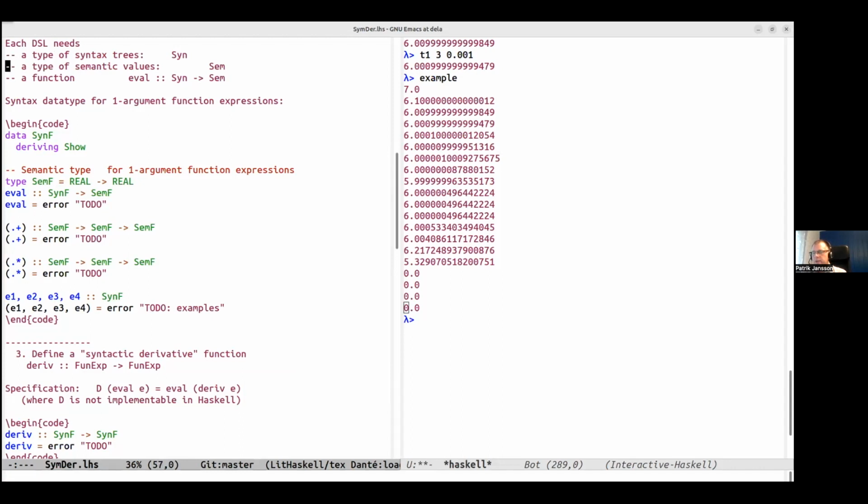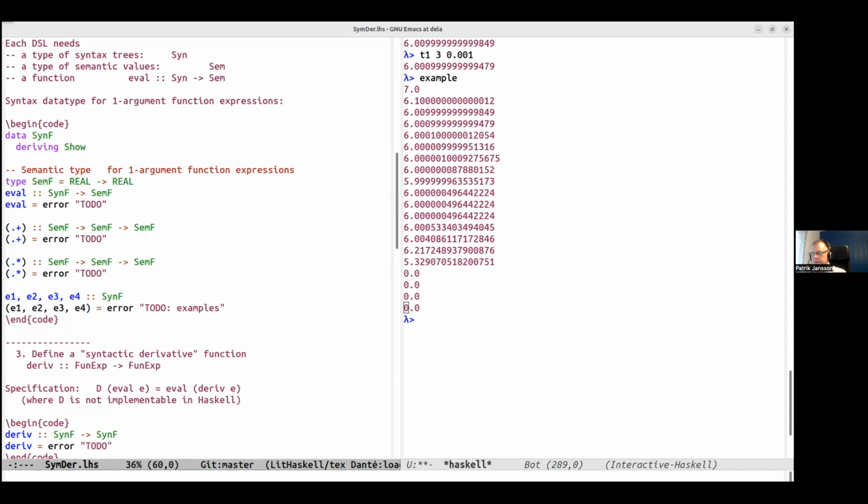And then we need a type of semantic values. And then we need a function, which is an evaluator from the syntax to the semantics. And then we can do things on the syntactic layer and then translate to the semantics at any point.